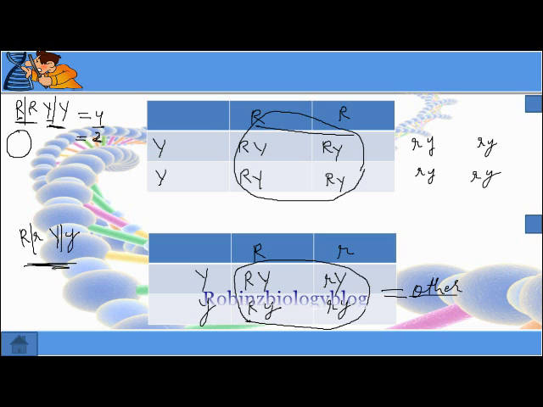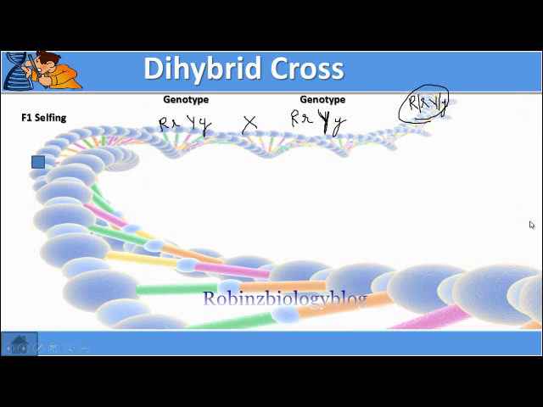So now we have the gametes, and with these gametes we understand one thing, that shape of the seed and color of the seed are independent of each other. That is why we could get all these combinations here. So now we shall get back to our original slide.